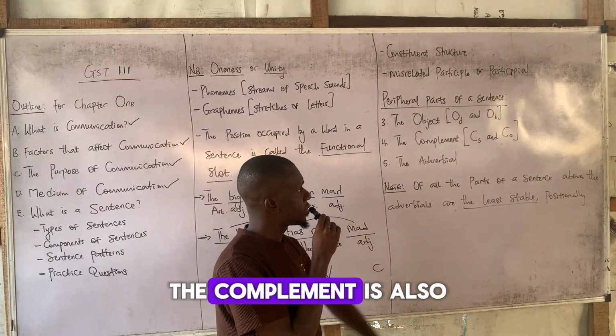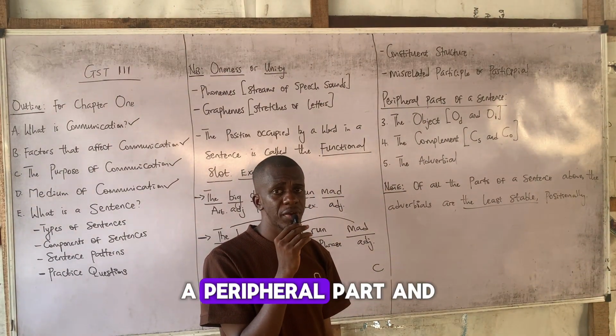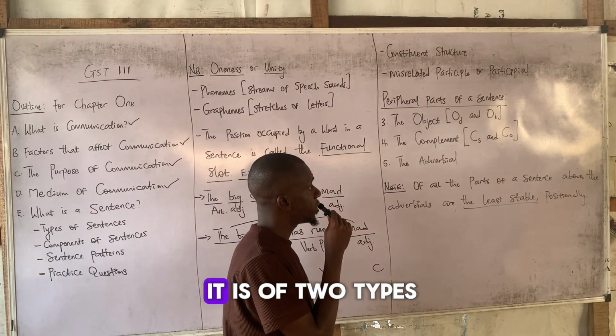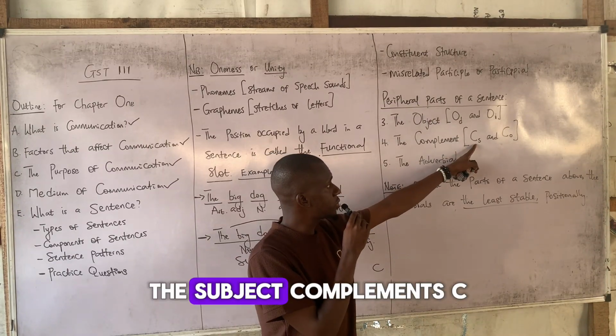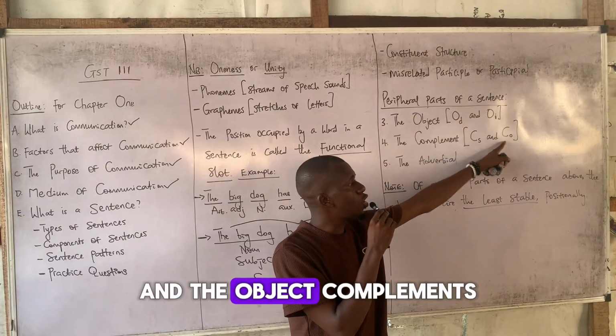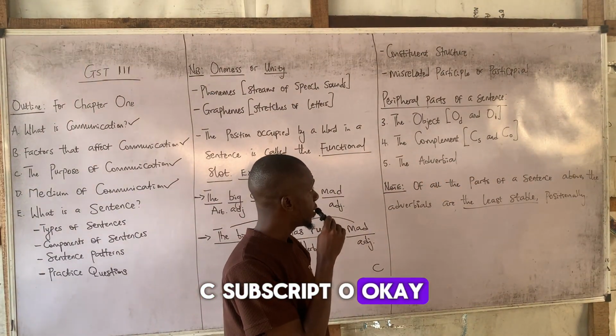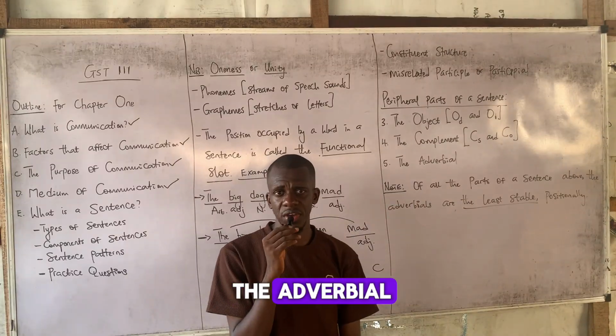The complement is also a peripheral part of a sentence, and it is of two types: the subject complements, C subscript S, and the object complements, C subscript O. Then lastly we have the adverbial.